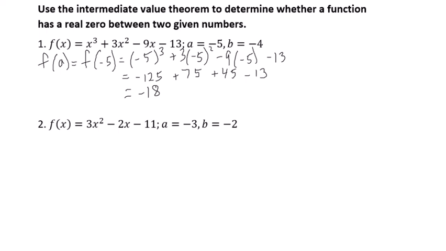So now let's look at f of b, which is f of -4, which when we plug in is -4 to the third power plus 3 times -4 squared minus 9 times -4 minus 13, which when we simplify that, all we get is 7.